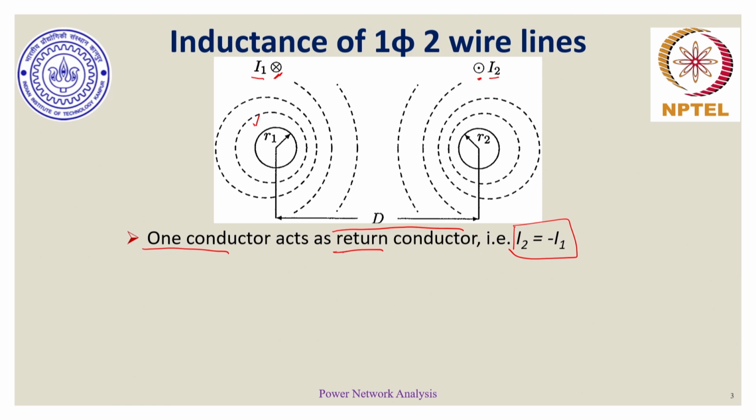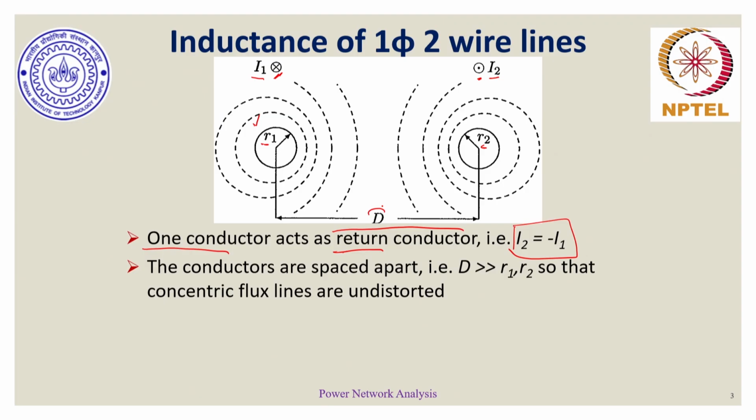The individual conductors have radii R1 and R2, and the center to center distance is capital D. The conductors are so placed that this distance D is exceptionally large compared to the individual radii, so that our idealistic assumptions still hold true.